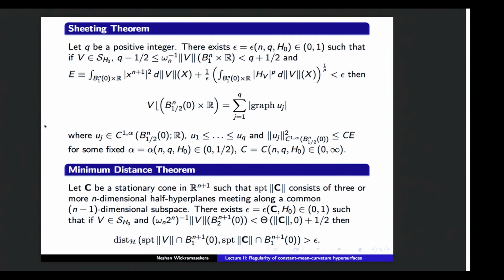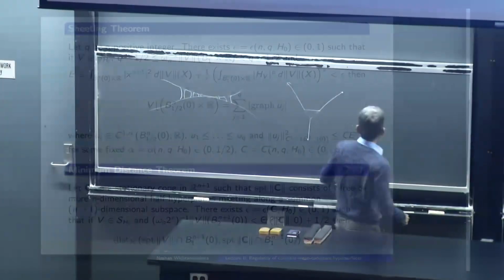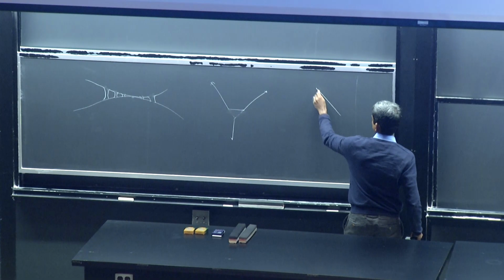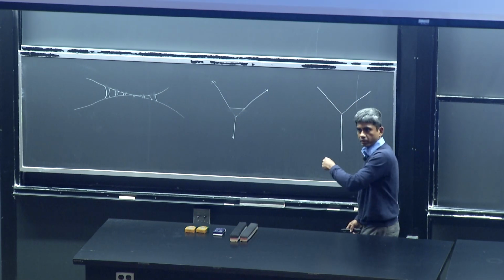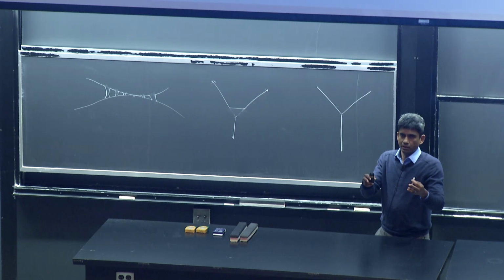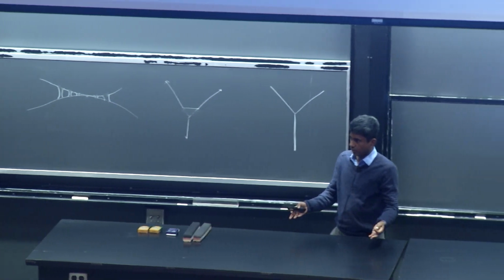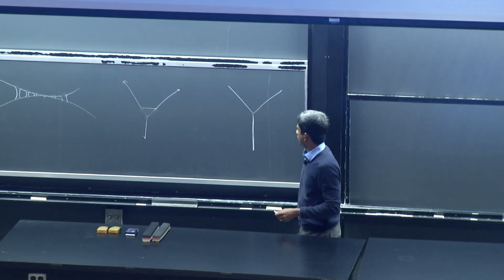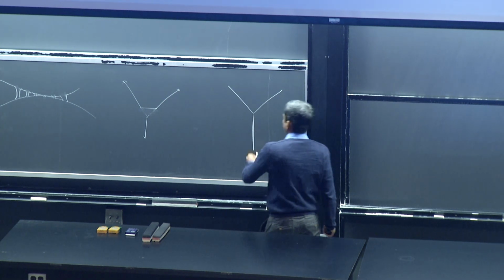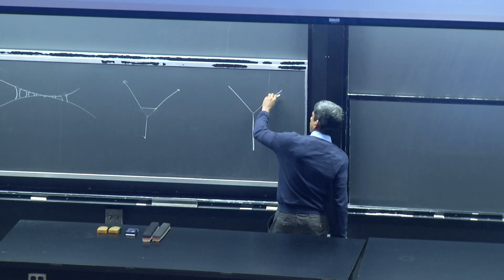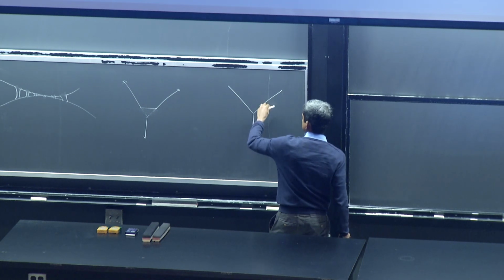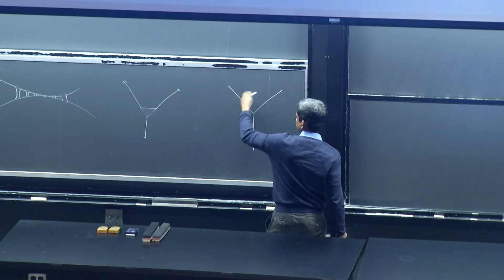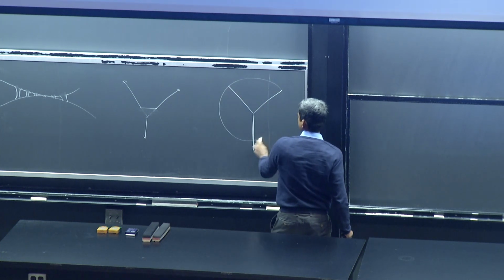The minimum distance theorem says that if you start with a cone like this, it's a minimal cone now, right? Because in CMC, once you take tangent cones, they are minimal cones. Mean curvature goes away. So the minimum distance theorem says that your varifold in your class cannot be too close to a picture like this in the unit ball.